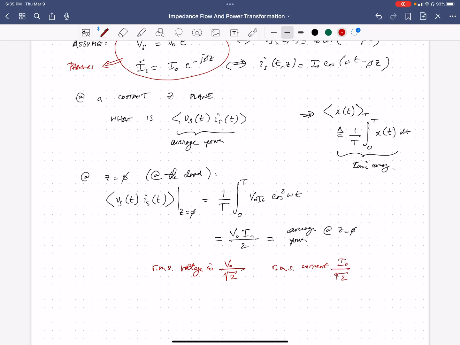So it makes sense that the average power would be V0 I0 over 2. All right.